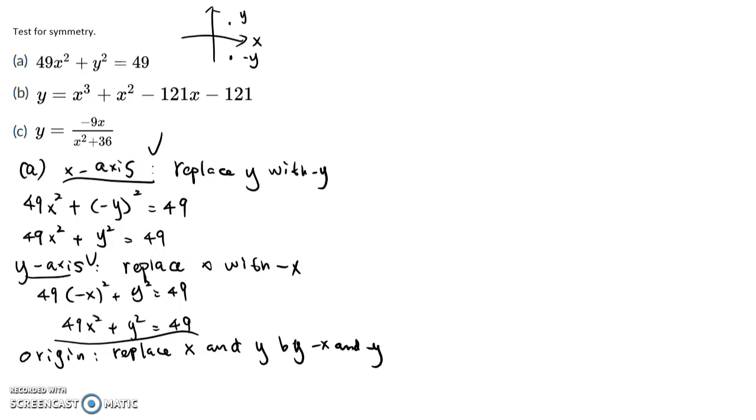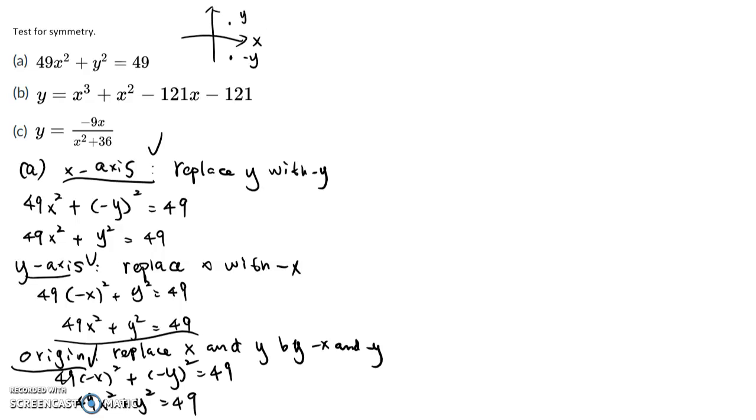So I have 49 times negative x squared plus negative y squared equals 49. It's pretty obvious that I will get the same equation back. So that means, yes, this equation is also symmetrical with respect to the origin.